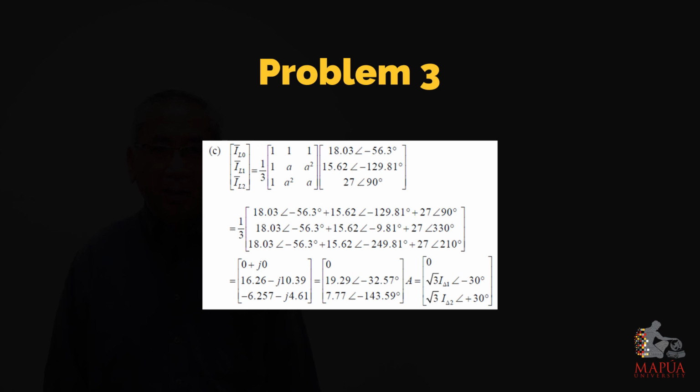Then for IL2, that is equal to 7.77 angle of negative 143.59 degrees, which is also equal to the square root of 3 multiplied by I delta 2 angle of positive 30 degrees amperes.